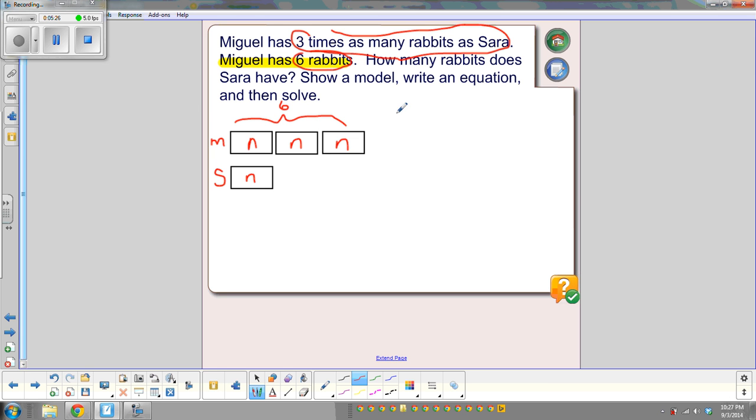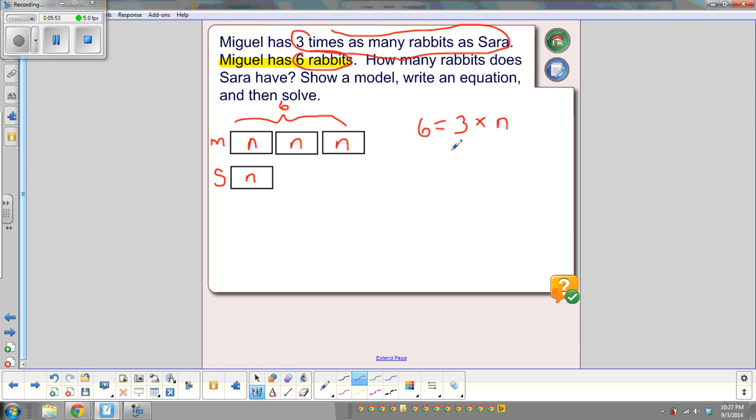All right, so as an equation, we have a number here. This is our total, and our total always goes on one side of the equal sign. So 6 equals. And then how many boxes do we have for Miguel? 1, 2, 3. We have 3 boxes for Miguel. We don't know what to times it by yet, because we don't know how many are in each of those boxes.